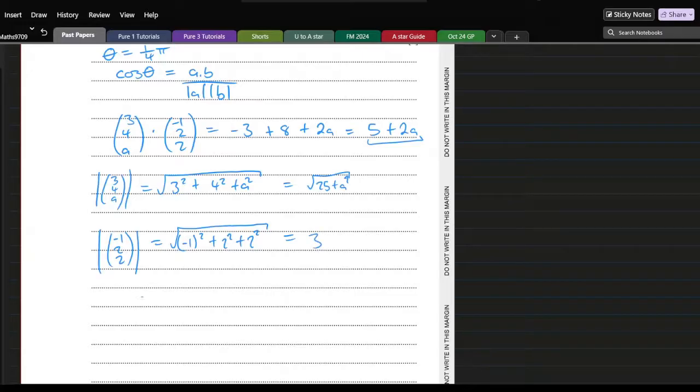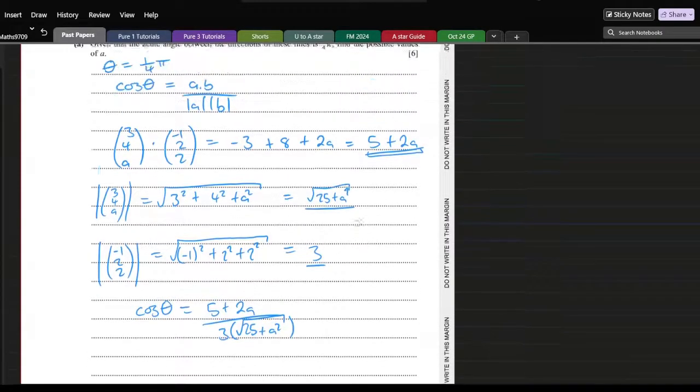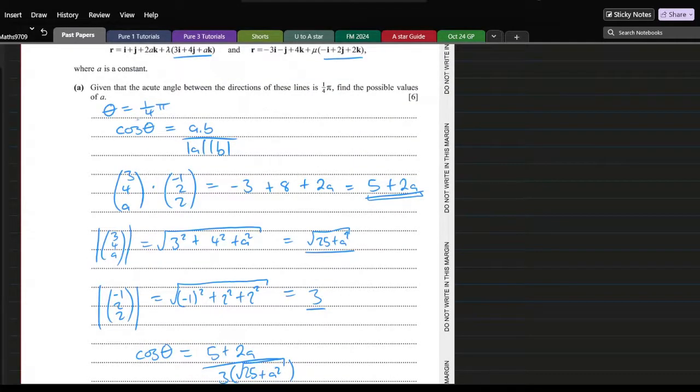So we can write that cos theta is equal to their dot product, which is 5 plus 2a, over the product of their moduli, so that's 3 multiplied by root of 25 plus a squared.